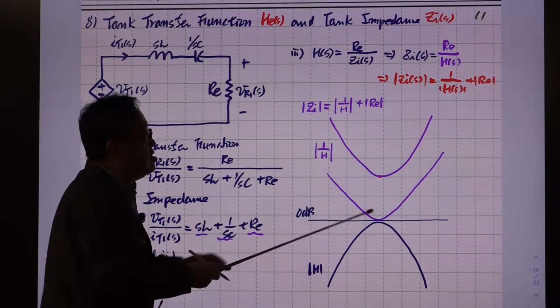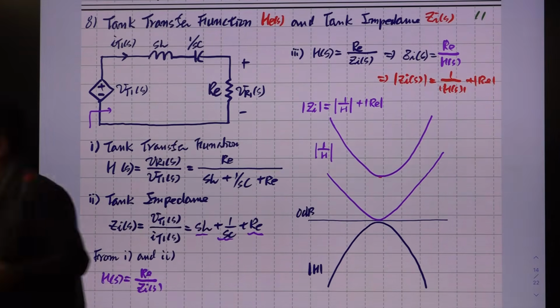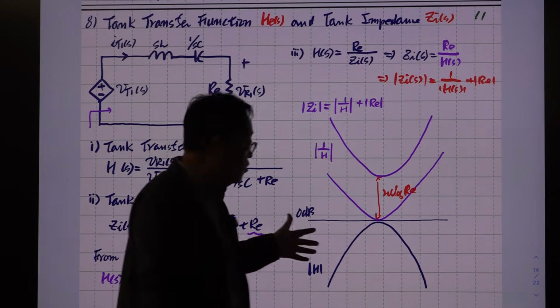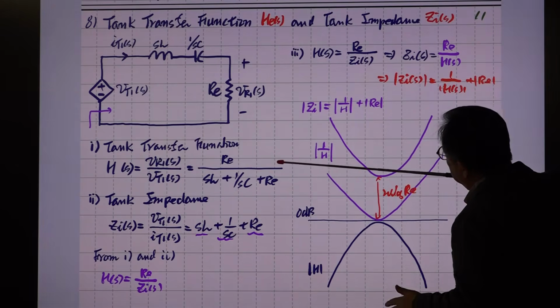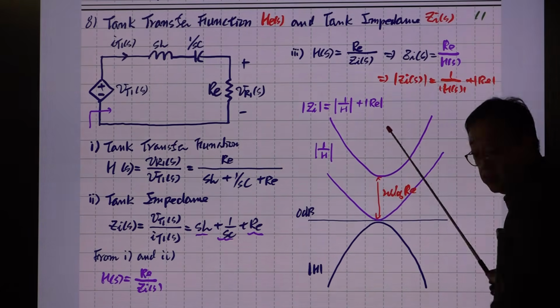But you need this additional gain boost to evaluate this. So the distance between the two curves is just 20 log RE, okay? So you know this. Suppose this is the magnitude of the transfer function. Then the input impedance is above this 0 dB line, elevated by this much, and they have the same shape.